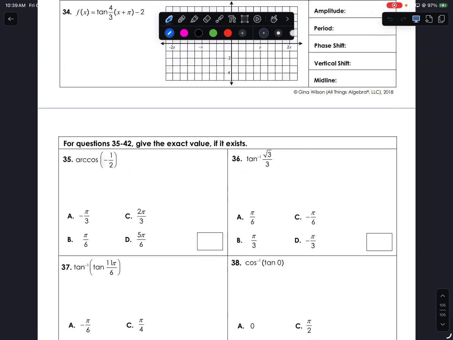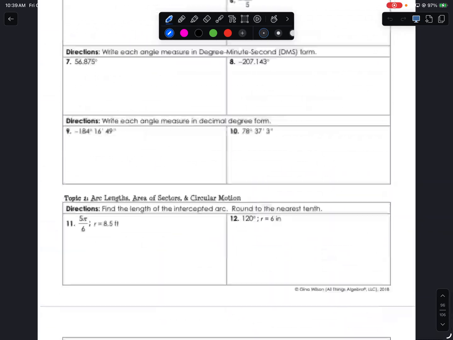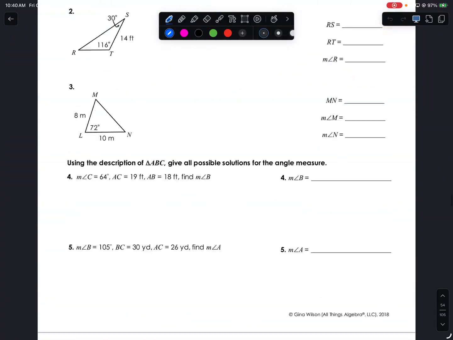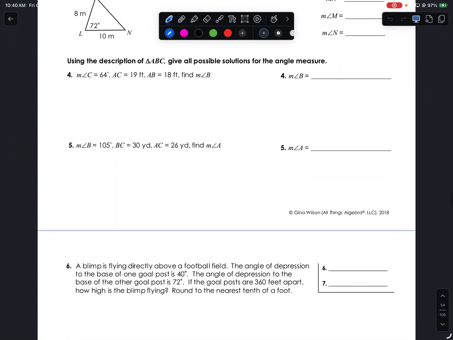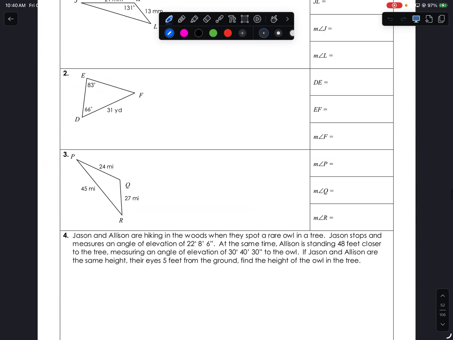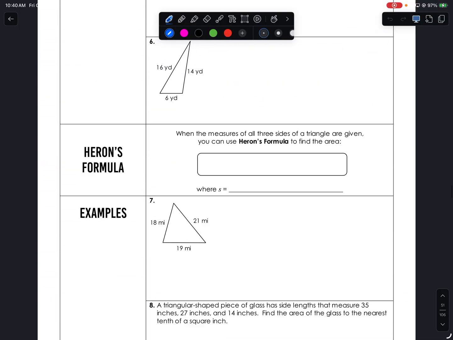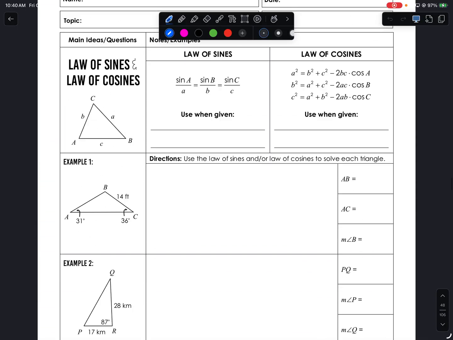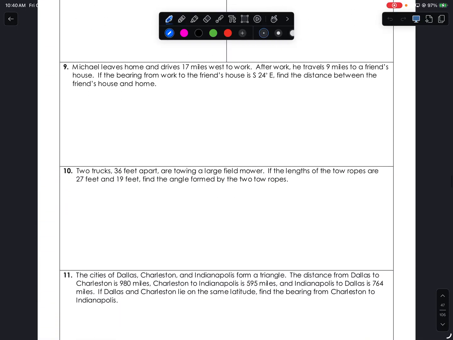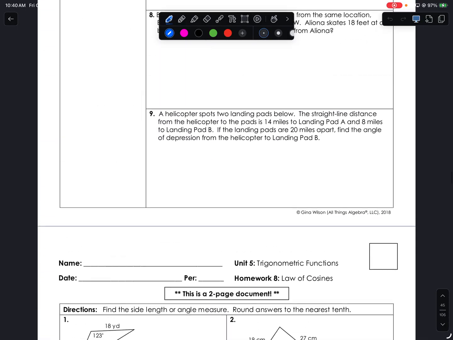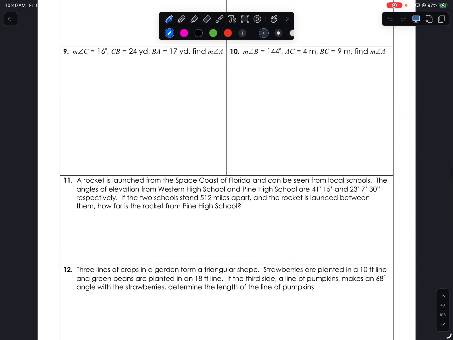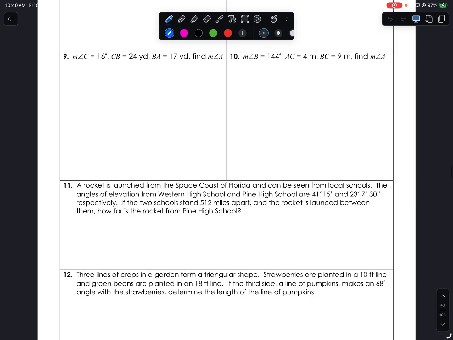Let me just get there. Sines, cosines, getting close. So one of your homework problems, right? Right here? Nope, that's not it. This one.